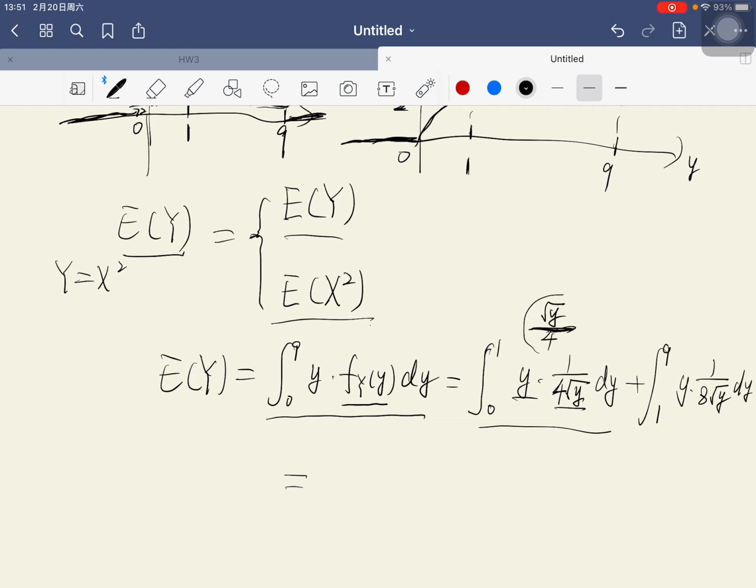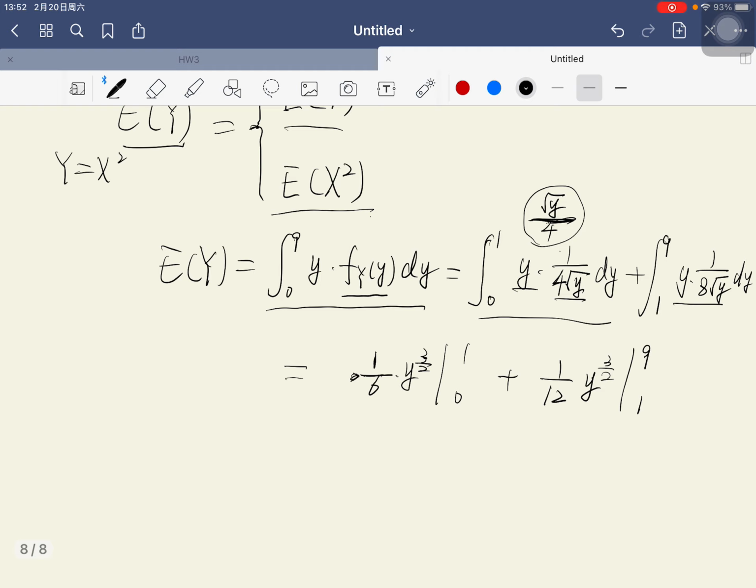The integral of this is 1 over 6 times y to the power of 3 over 2, from the range 0 to 1, plus 1 over 12 times y to the power of 3 over 2, over the range of 1 to 9, so it is equal to 1 over 6 plus the 27 minus 1, which is equal to 7 over 3.